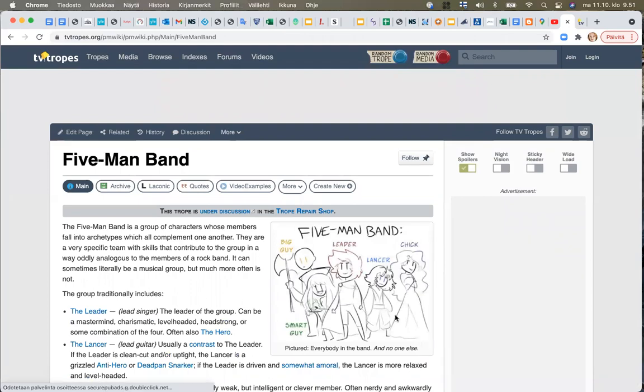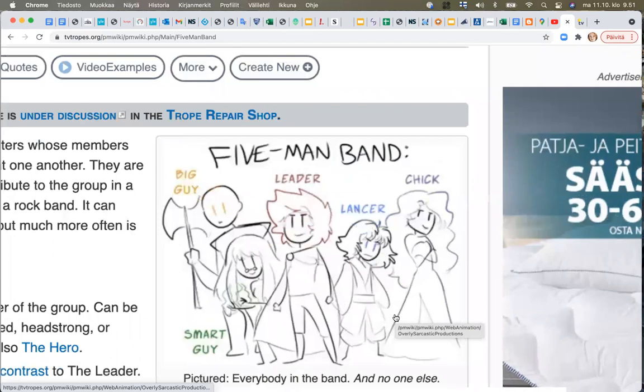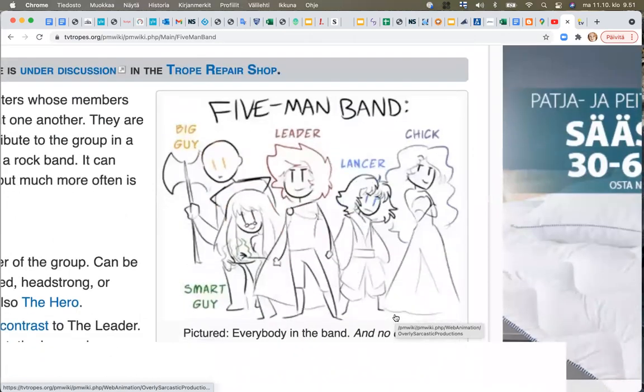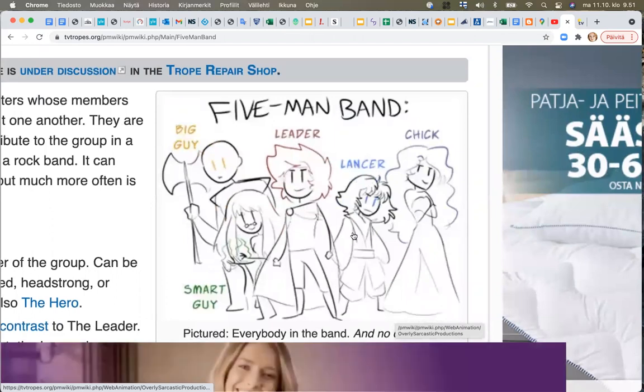Okay, there's the basic combination that we have the leader, who's the protagonist, and we have the big strong guy, and the smart guy, and the lancer, who's basically the foil to the leader, and then we have the chick, who's like the emotional center of the band.